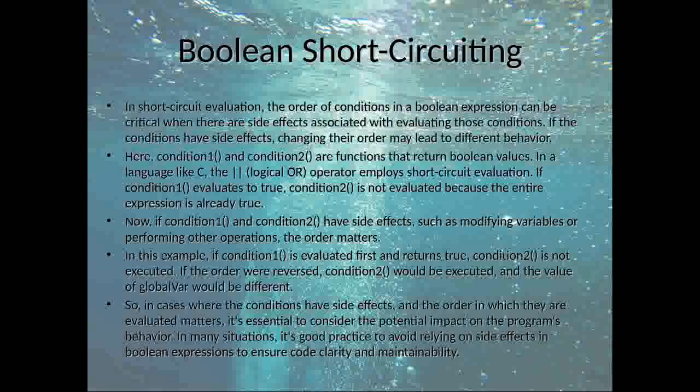Now, if condition 1 and condition 2 have side effects, which these do, such as modifying the variables or performing other operations, then the order in which you put them in the conditional is important. Now, in this example, if condition 1 is evaluated first and returns true, condition 2 is not evaluated, and if it was reversed, condition 2 would be executed and the global variable would be different.